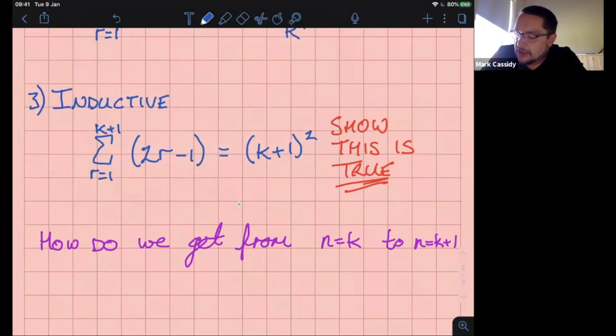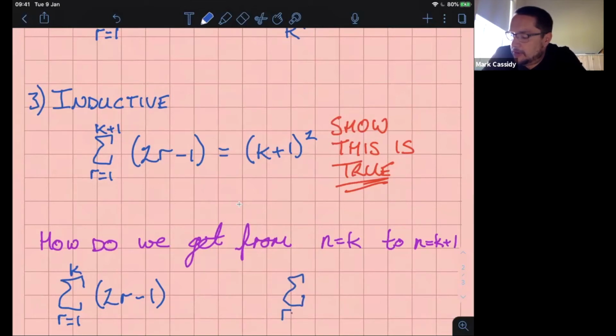So we've got the sum from r equals 1 to k of 2r minus 1, and we've got the sum from r equals 1 to k plus 1 of 2r minus 1.